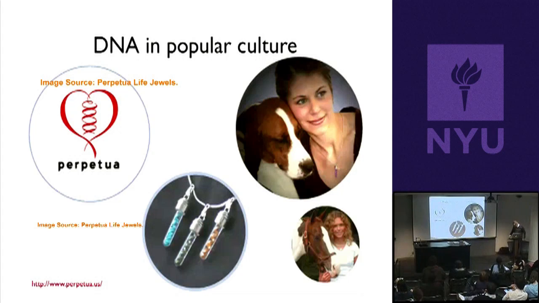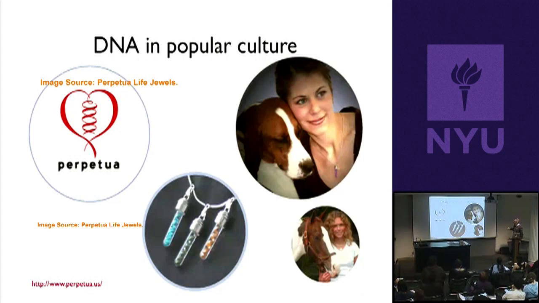That's the clever name, Perpetua. What you do is you take a big Q-tip and you go inside your dog's mouth and go back and forth. You're actually going to do this in next week's lab with your own mouth, scraping cells off of your cheek, and that's a good way to get DNA.